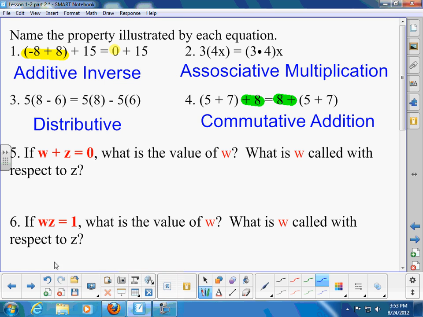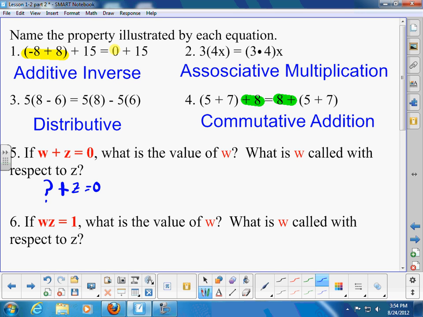In the following 3 examples, we're asked a little bit more of an abstract question. Question number 5. If w plus z equals 0, what is the value of w? And what is w called with respect to z? So they're basically asking us, if we put a question mark in place of that w, something plus z would equal 0.